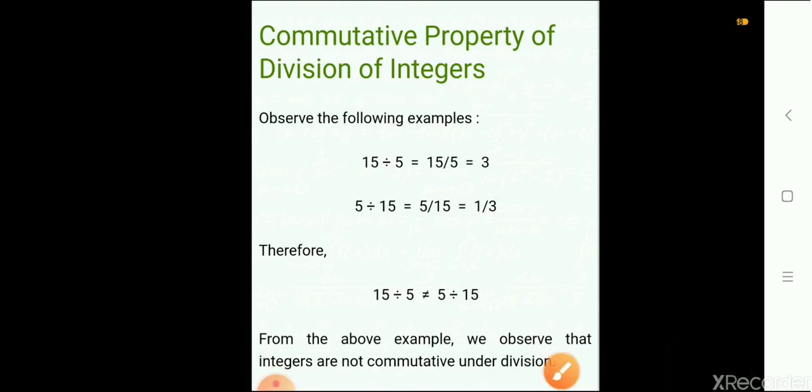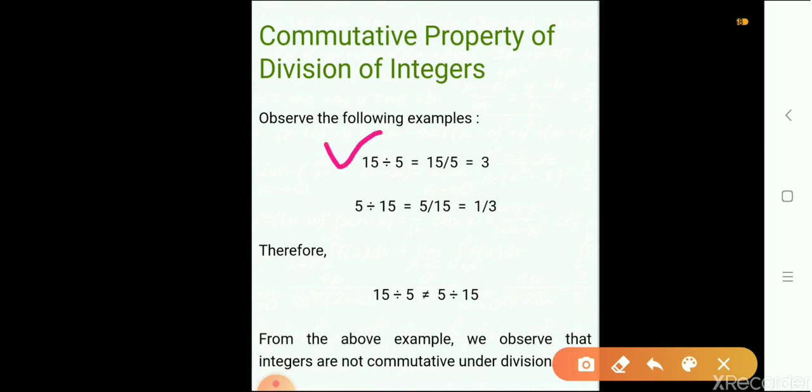The next property is the commutative property of division of integers. In this we will change the order of the integers being divided. Let us first see the example. Here we are dividing 15 by 5, and 15 divided by 5 gives us +3. Now if we change the order and divide 5 by 15, we get 1/3.